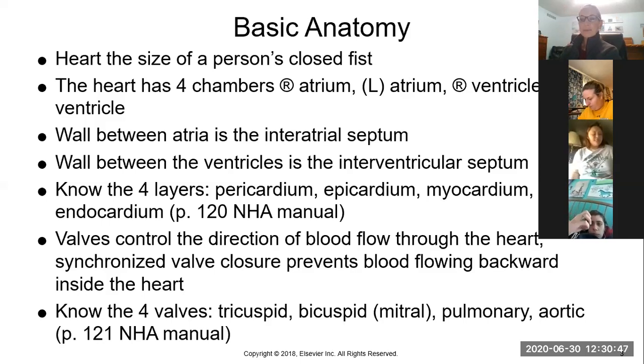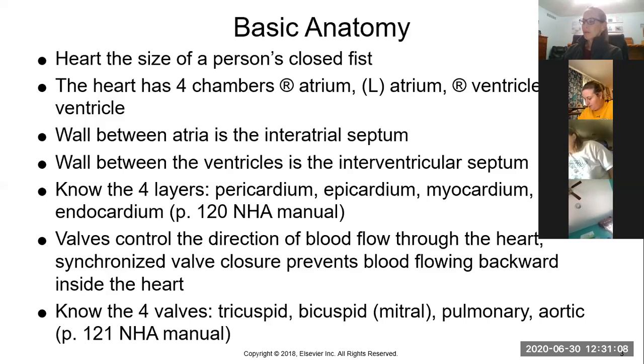Your tricuspid valve separates the right atrium from the right ventricle. And yes, there will probably be some of these on the test, okay. The bicuspid or the mitral valve separates the left atrium from the left ventricle.